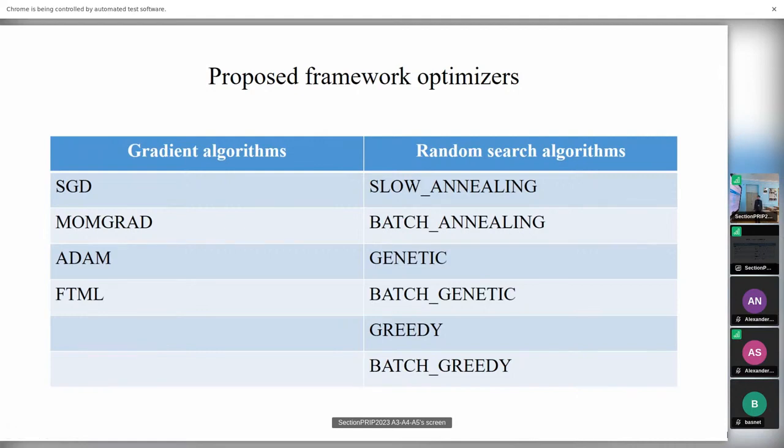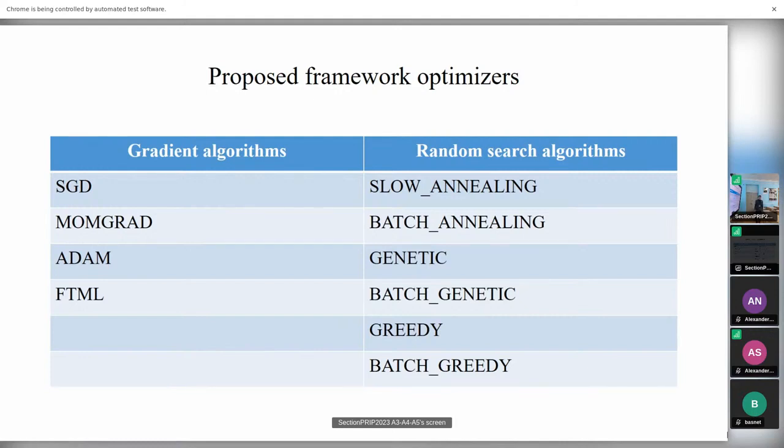And we have 6 random search algorithms: slow annealing, which was presented earlier, a scalable modification of this annealing method from the previous report, annealing with Poisson scheme, the kinetic algorithm, and a scalable modification of the kinetic algorithm, which was called the hybrid or fast random search algorithm, and its scalable modification. All of these algorithms will participate in the experiment.